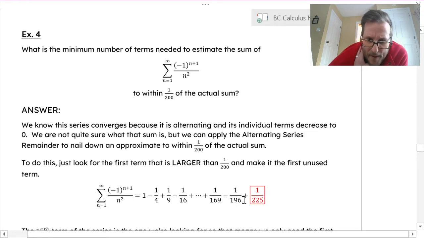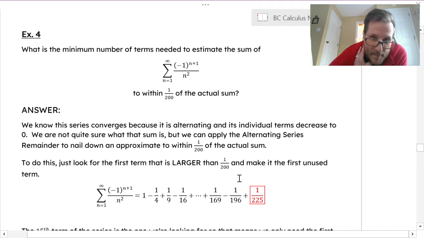Well, check this out. By the time I get out to 14 squared and 15 squared, 1 over 15 squared is smaller than 1 over 200, right? I'm not looking for the first term that is larger than 1 over 200.